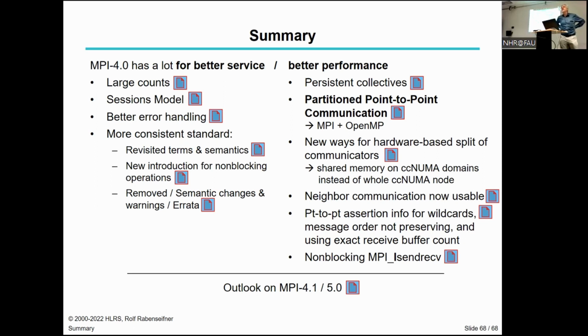And if you don't have this network hardware on your system, then the MPI library will not do this, and you need not care about it, because this network interface controller can, for example, do the matching only for fixed tags and not for any tag. Okay, so thank you for that.